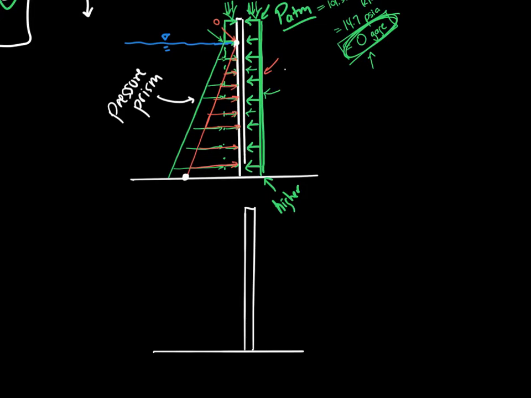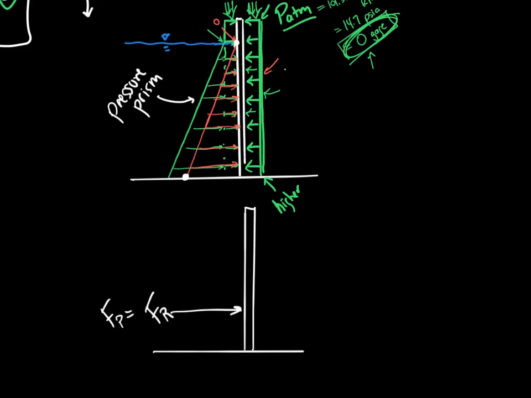Instead, I want to draw it as a single force, which is typically called F sub P, force of pressure, at least that's what I call it. I actually don't know what your book calls it. Give me 1 second. It looks like your book uses F sub R for force of resultant. If you look in my old homework assignments, I'm always going to call it F sub P because I'm used to thinking of it as force of pressure.